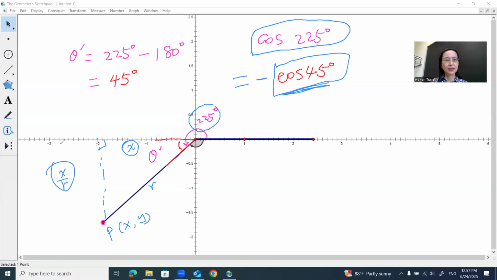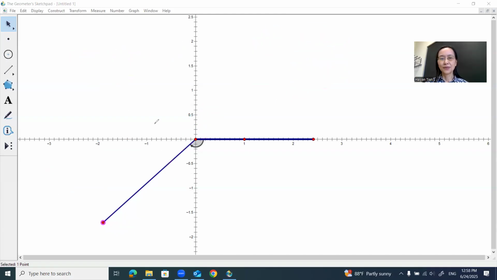Now, what if we have an angle that is negative? For example, another angle, theta.